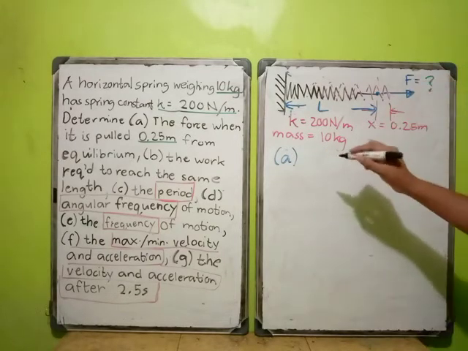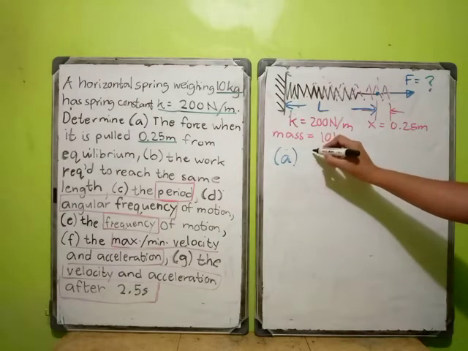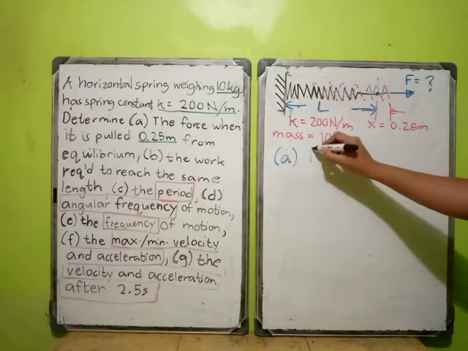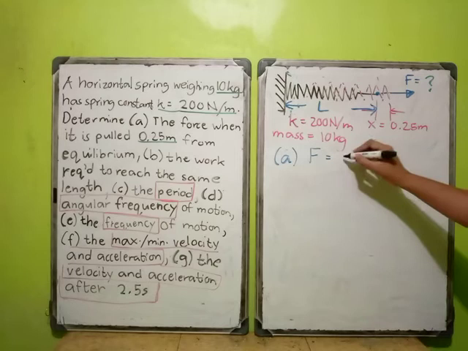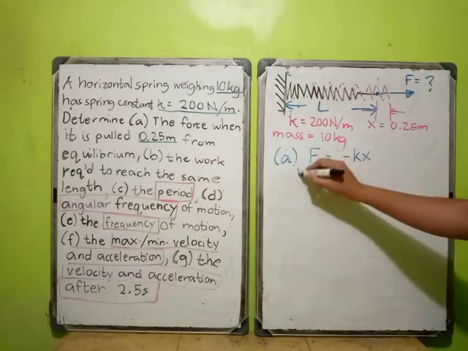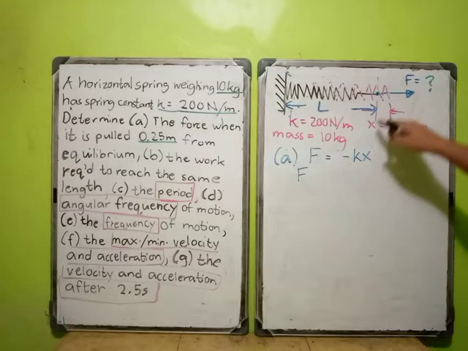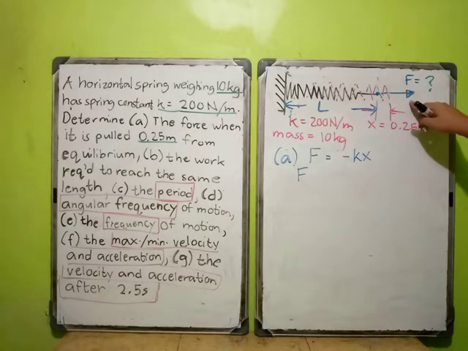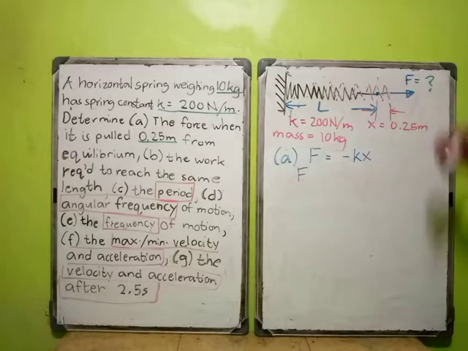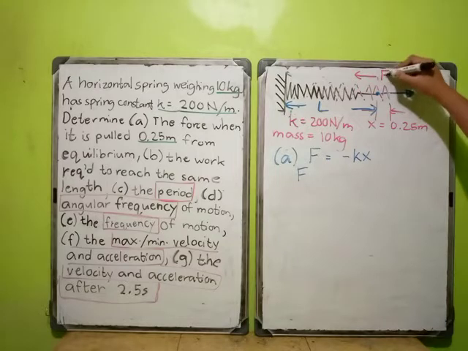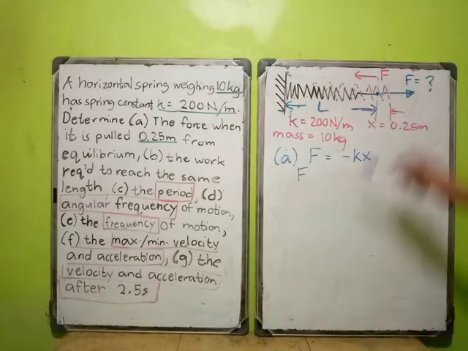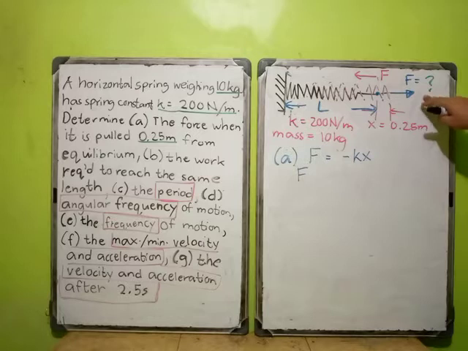So from those videos, sa mga nakapanood ng previous 2 videos, we have derived the formula for the force of spring as negative kx. Okay? Dahil yung negative kasi the spring tends to counteract the force in which it is being pulled.